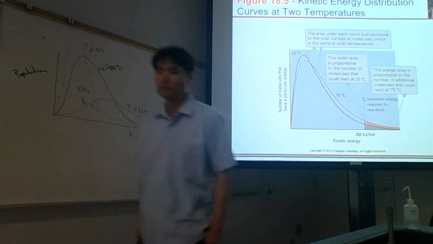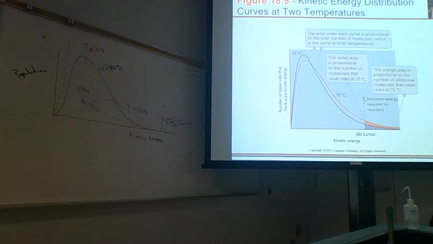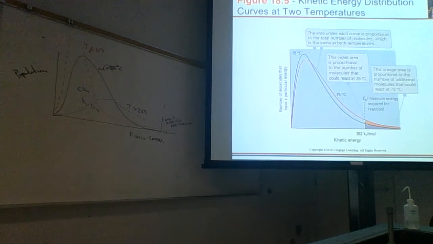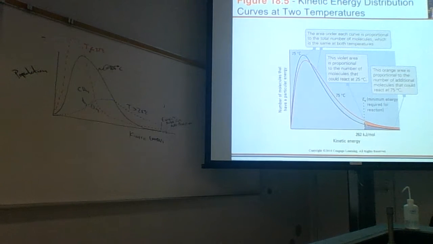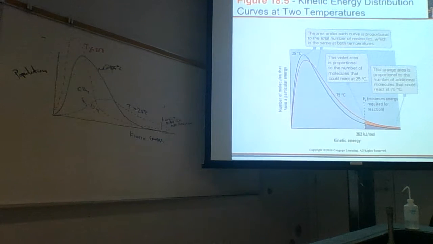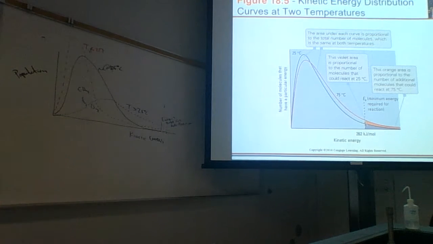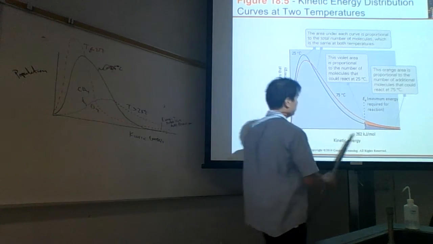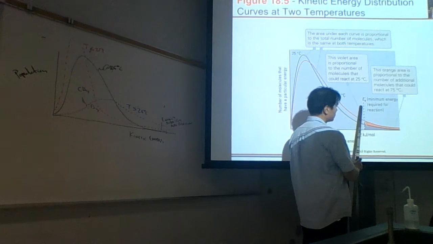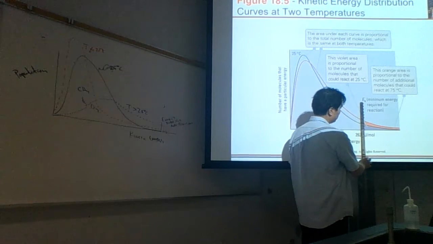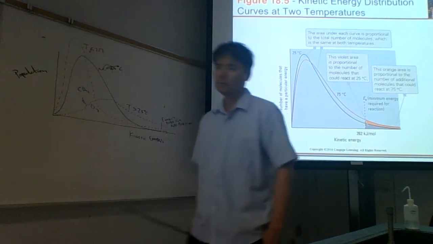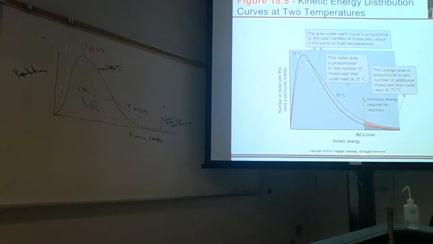And so we can see at higher temperatures, we expect reactions to happen faster because of the population with enough energy. Now, what is enough energy in this case? Enough energy is the minimum energy required for a reaction. It's here. What was the energy before?